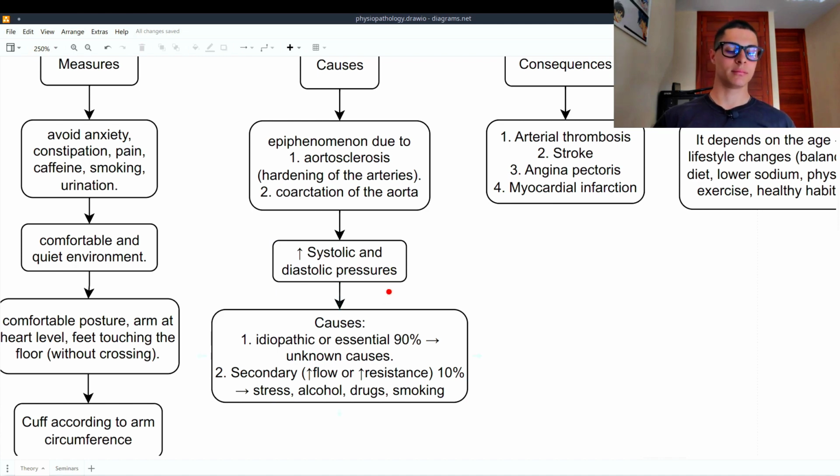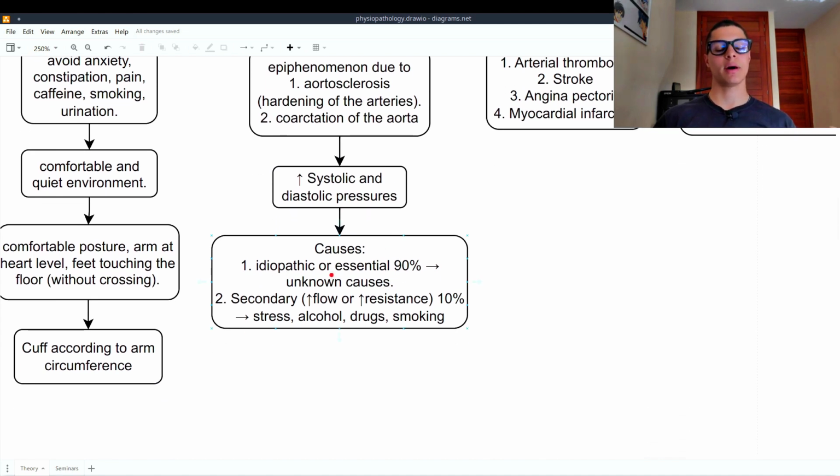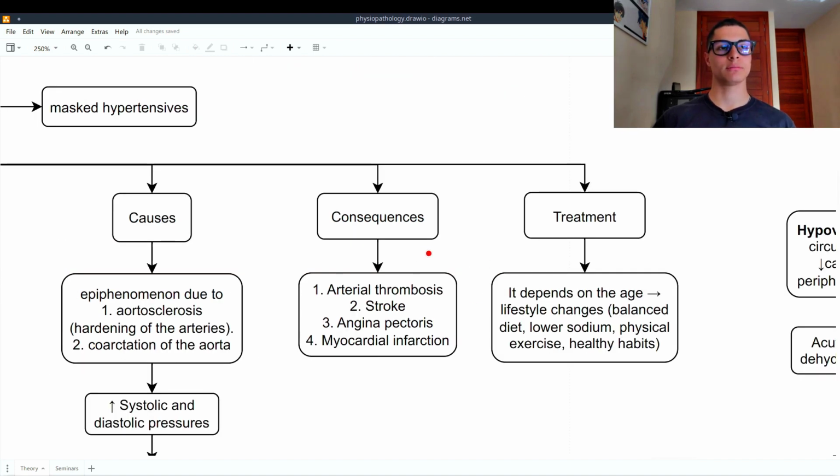The causes: the first ones are idiopathic or essential, 90% of them, and the causes are unknown. The secondary ones are because of high flow or higher resistance, and it's only 10%, due to stress, alcohol, drugs, and smoking. The consequences of hypertension: arterial thrombosis, stroke, angina pectoris, and myocardial infarction.